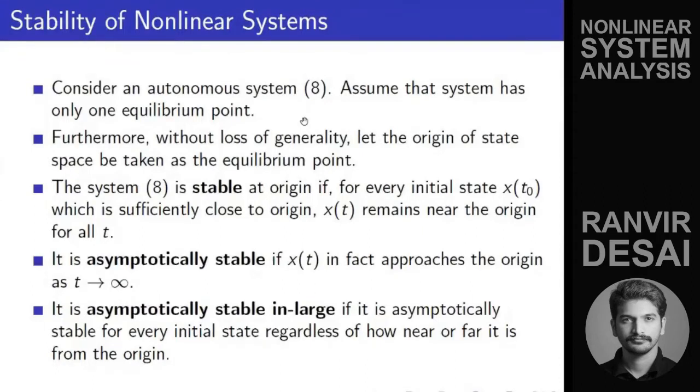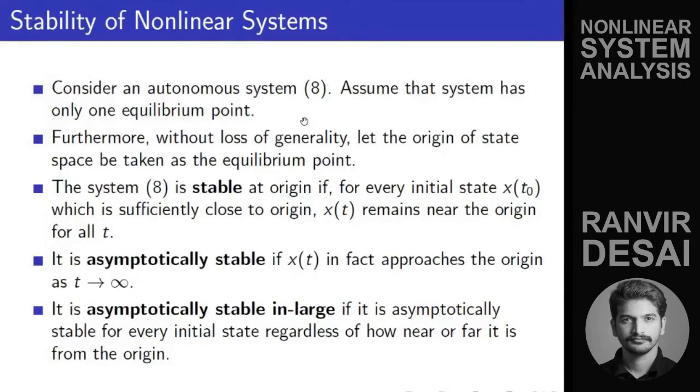So what we want to check here is whether, as time progresses, the system trajectories reach that origin. The system is stable at the origin if for every initial state x of t0 which is sufficiently close to the origin, x of t remains near the origin for all t. You may write down this definition.